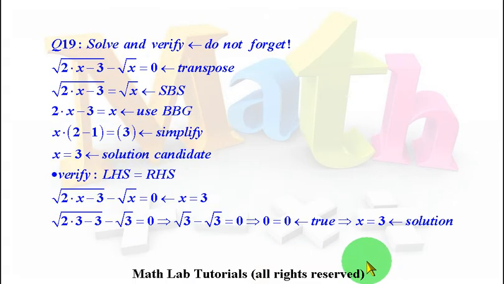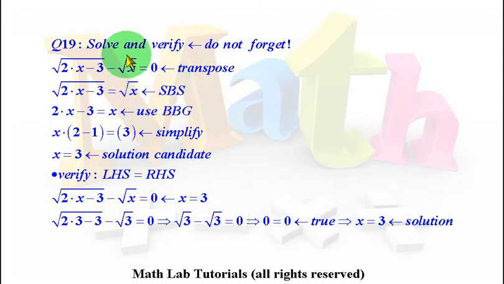And let's go on. Question 19, solve and verify. And again, do not forget to verify. On the left, we have square root of 2x minus 3 minus the square root of x equals 0. Again, we need to ensure that we have one radical on the left and a single radical on the right.